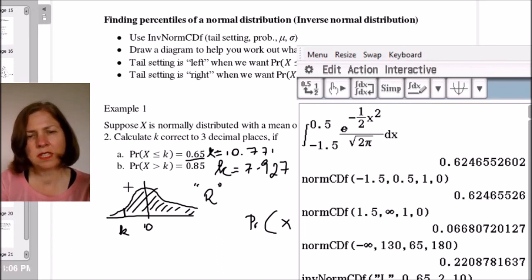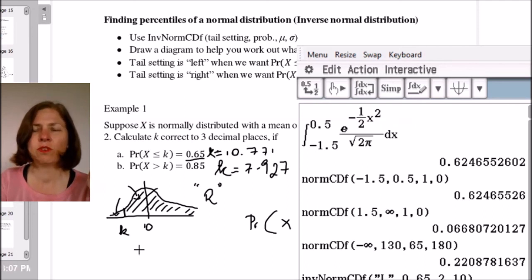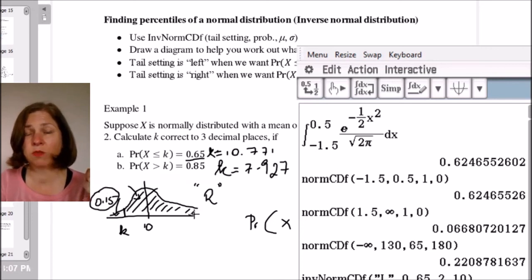In other words, this shaded area plus this shaded area has to equal 1. So if this shaded area is 0.85, then this area to the left here is 0.15. So if I wanted to, I could use a left tail and the value of 0.15 instead of a right tail with the value of 0.85, and I would actually get the same answer.